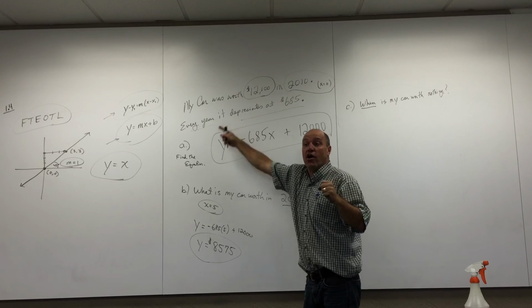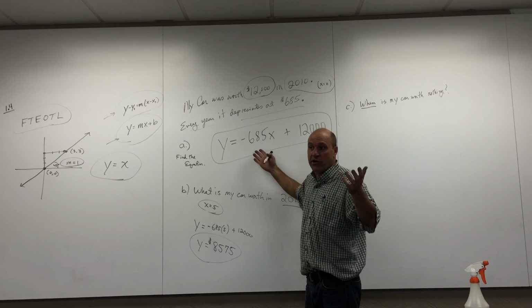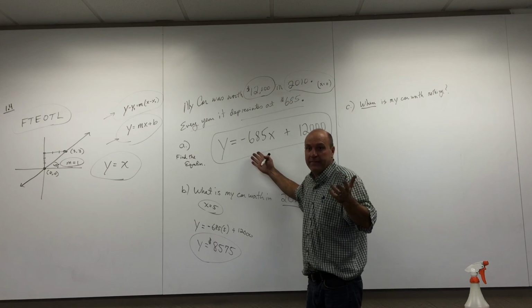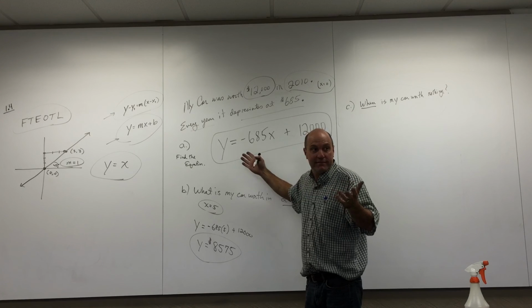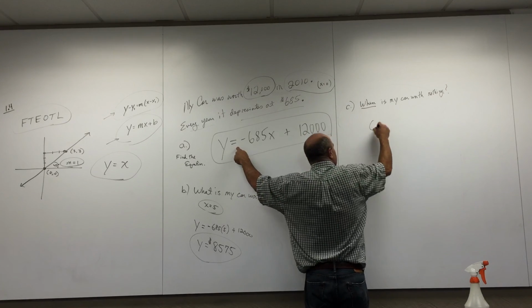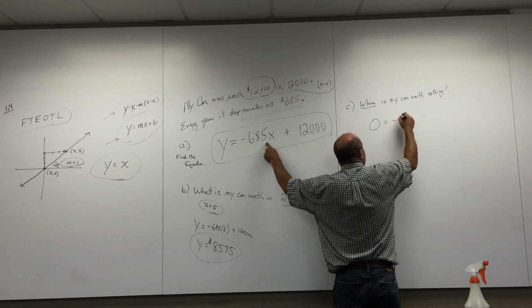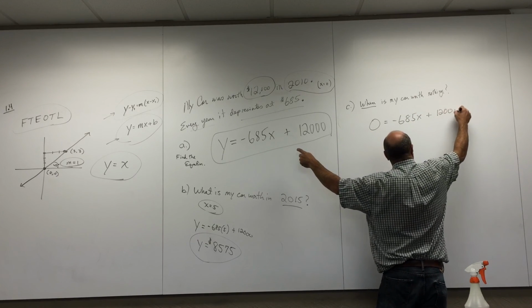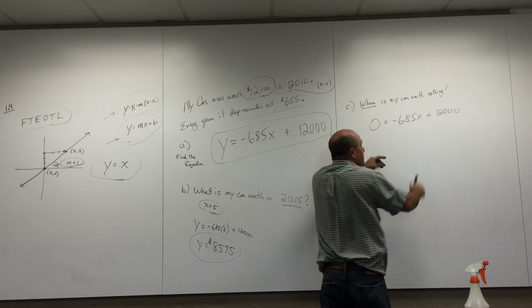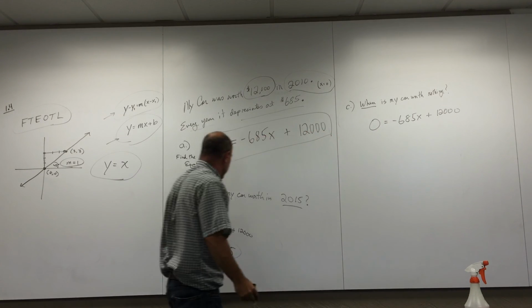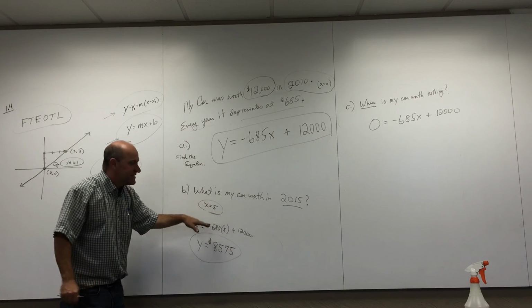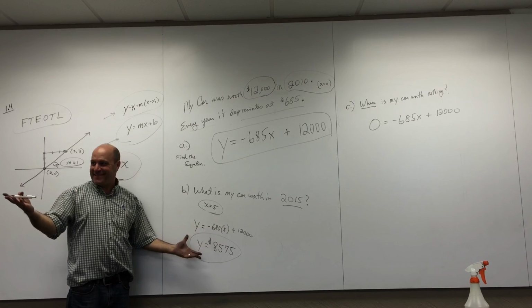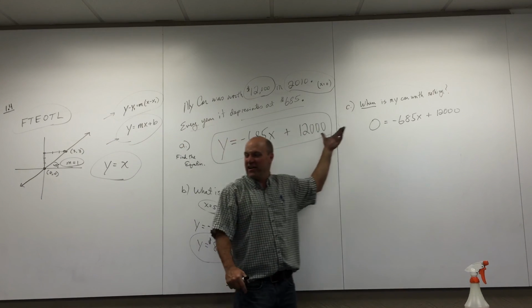When the value of the car is 0, find x, the year, or the time. So now I'm letting y equal 0 and solving for x. This third question always takes a little more work. Plugging in an x and finding a y is easier than plugging in a y and finding an x.